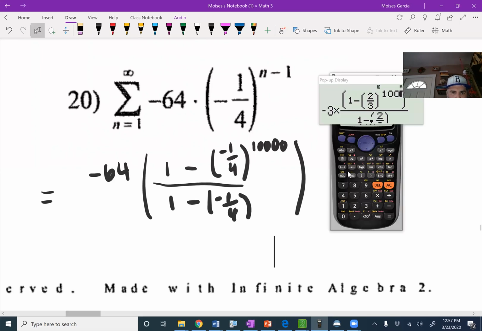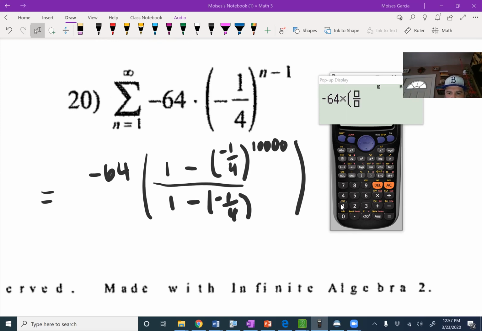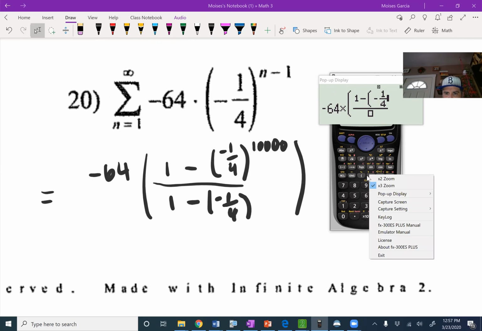So I'm going to do -64 times, and I'll do parentheses, 1 minus, then I'll need the other parentheses, -1/4 to the power of 10,000.